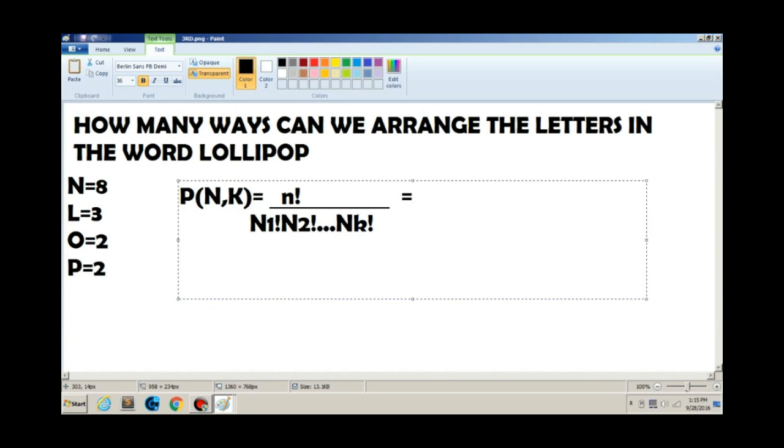So just like the previous example, instead of putting n, we're going to place its value, which is 8.